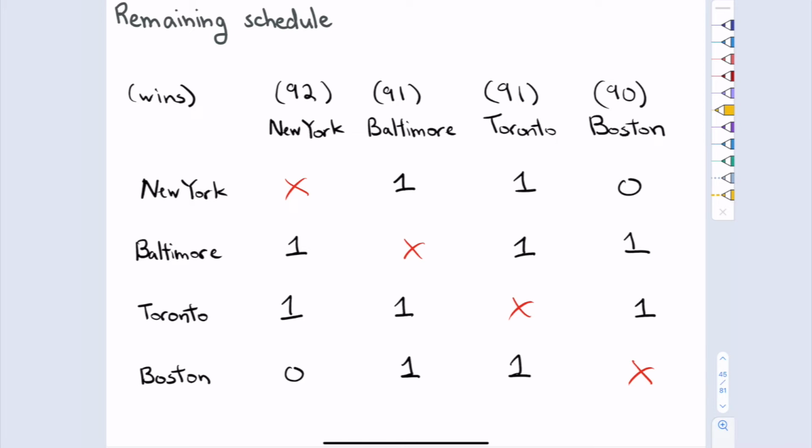Okay. So now if I asked you, is it possible for Boston to make the playoffs? I'll ask for a yes or no in about 20 seconds.